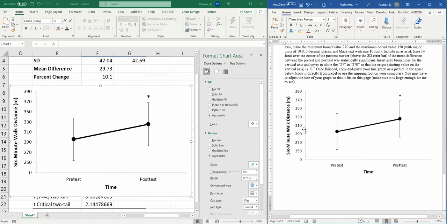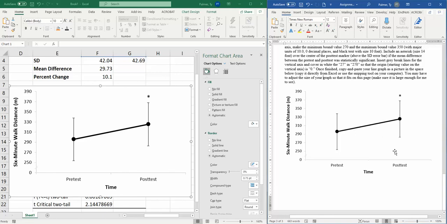Now remember, the 6-minute walk distance I talked about earlier is an indication of functional ability. Someone who walks further has greater functional ability. So that's another implication we can take from this study: because we found this statistically significant mean difference between the pre-test and post-test, we can say that not only was this exercise program effective at improving 6-minute walk distance, it may also be effective at improving overall functional ability, because 6-minute walk distance is an indicator of functional capacity.